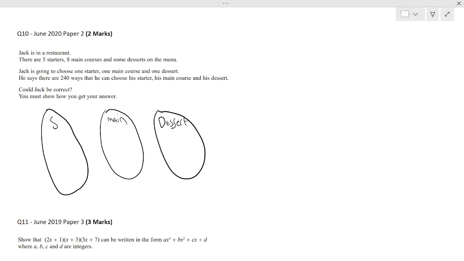From each one, obviously for the first starter, I can pick any of the mains, and then any of the desserts. So what that means is the total combinations is going to be the size of each list, how many items are in each list, and then times them.